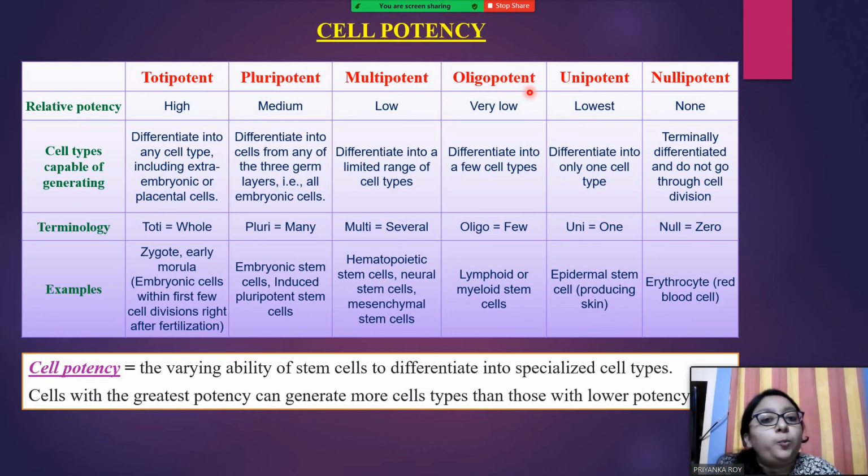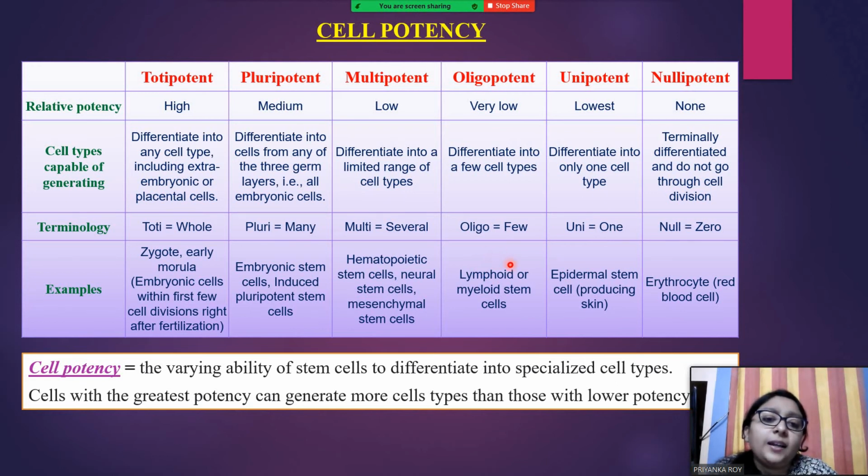Moving on to oligopotent stem cells. Now they have a very low potency level and they can differentiate only into a few cell types. Oligo means few, and their example is lymphoid or myeloid stem cells. Lymphoid stem cells are derived from hematopoietic stem cells only. Lymphoid stem cells are responsible for differentiating into the T lymphocytes and the B lymphocytes.